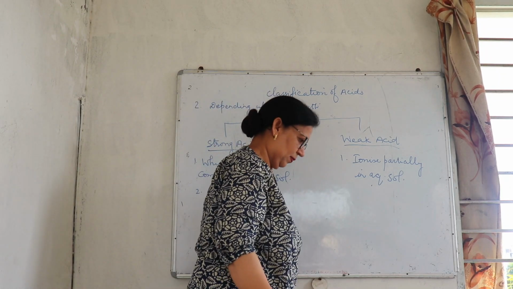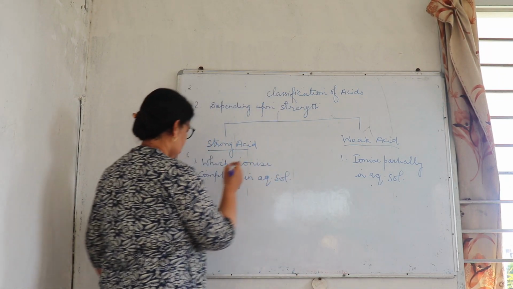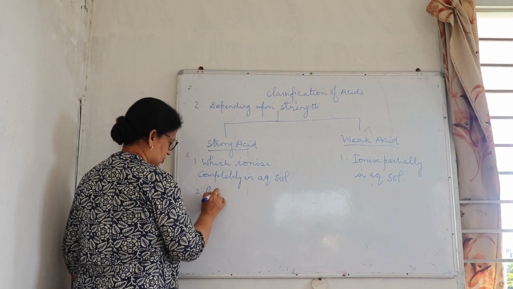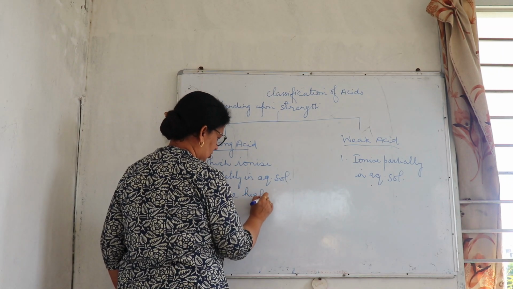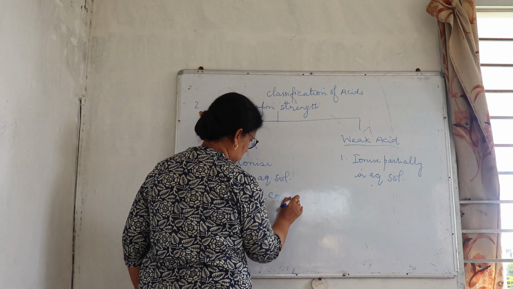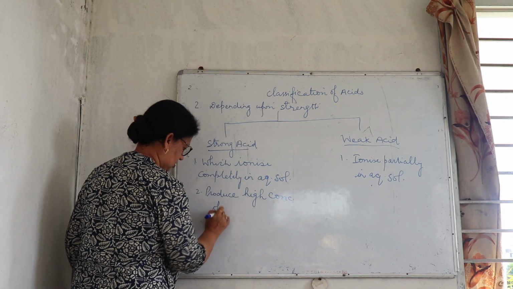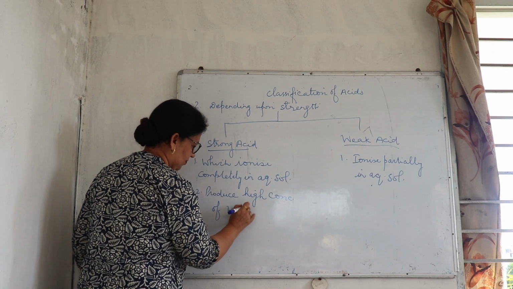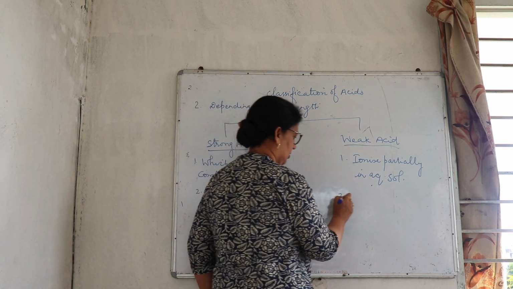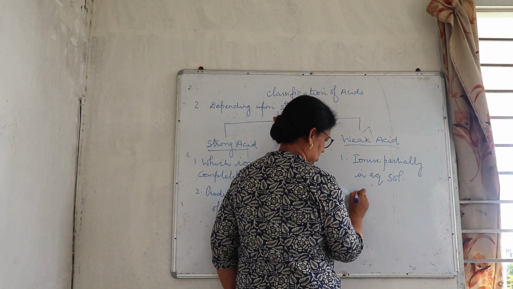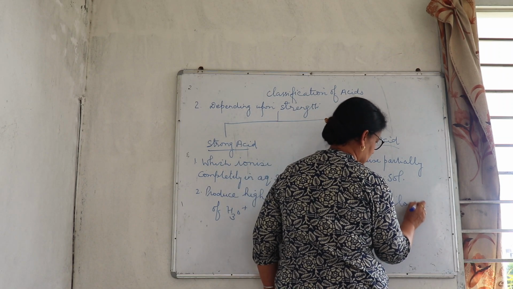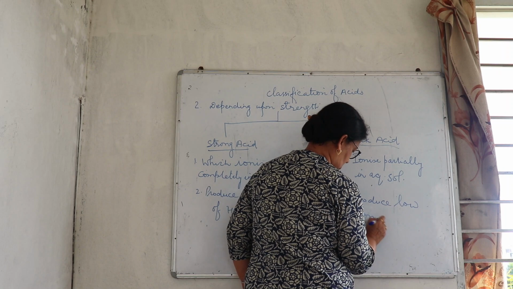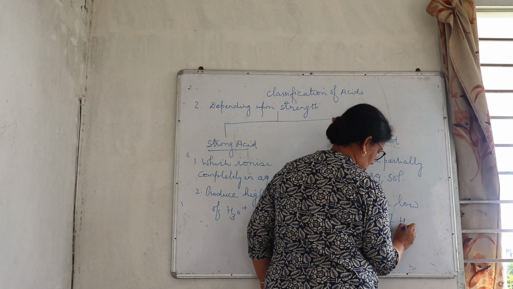Secondly, strong acids produce a high concentration of hydronium ion, and weak acids produce a low concentration of hydronium ion.